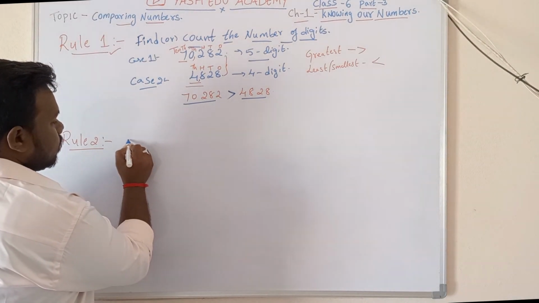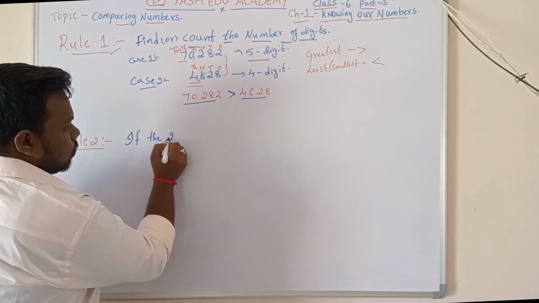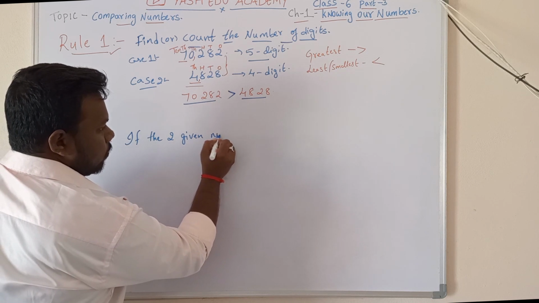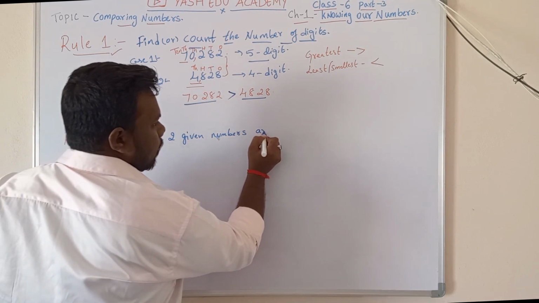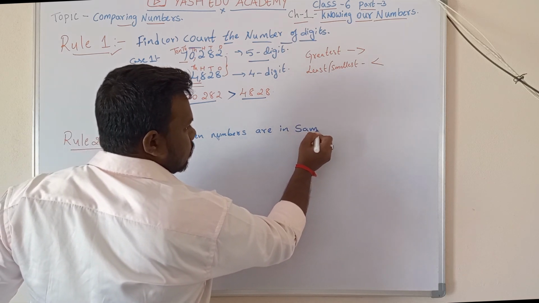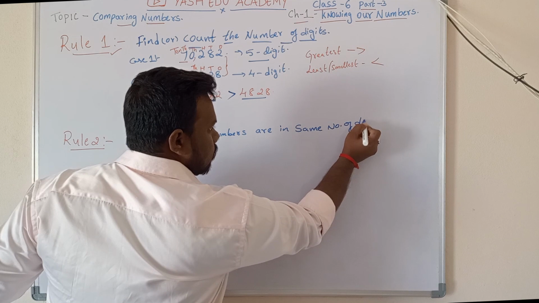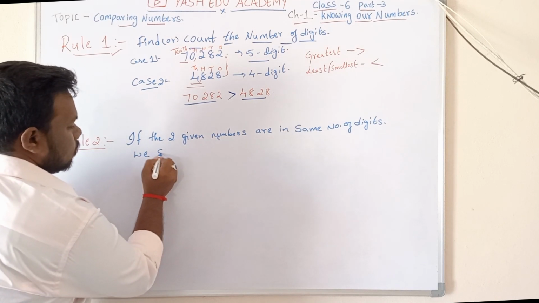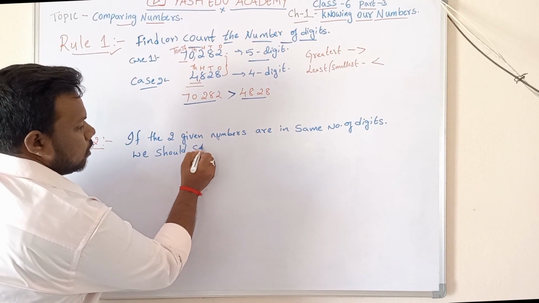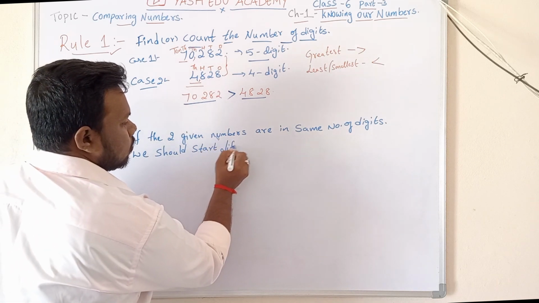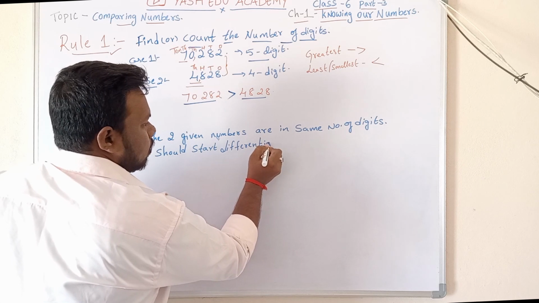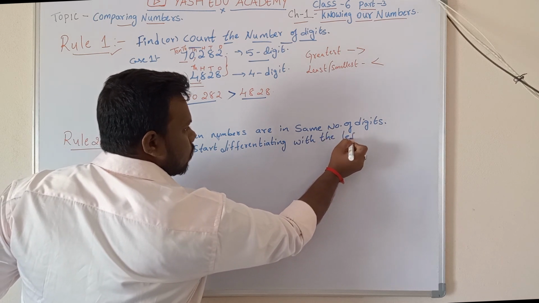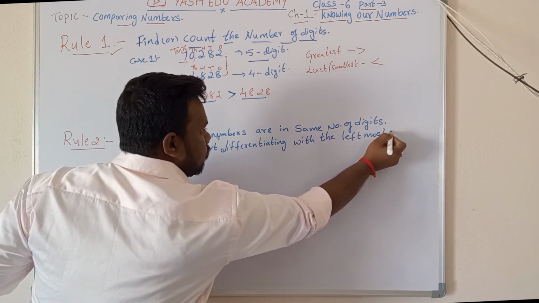If the two given numbers are in the same number of digits, we should start differentiating with the leftmost digit.